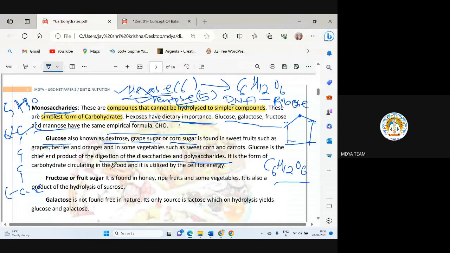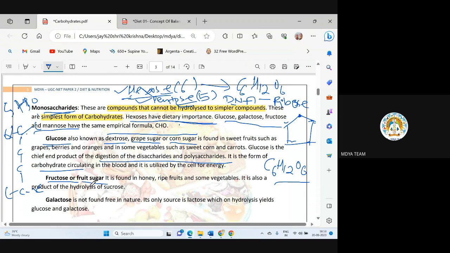So in our body, glucose is the form in which carbohydrates circulate, and our body can only use glucose. First, we will discuss all the other types. Other one is fructose. Fructose is fruit sugar. Glucose is not fruit sugar.